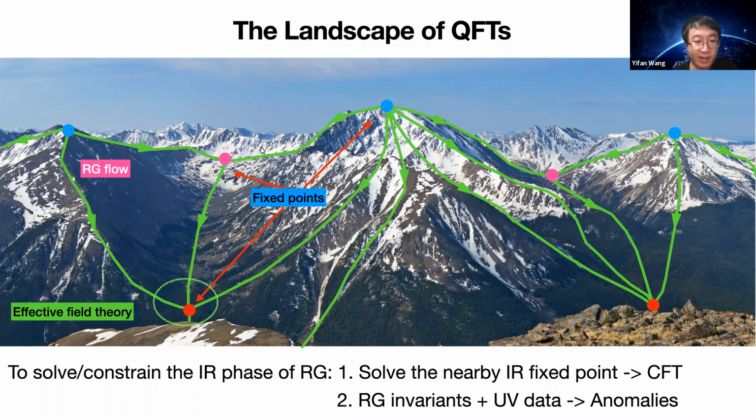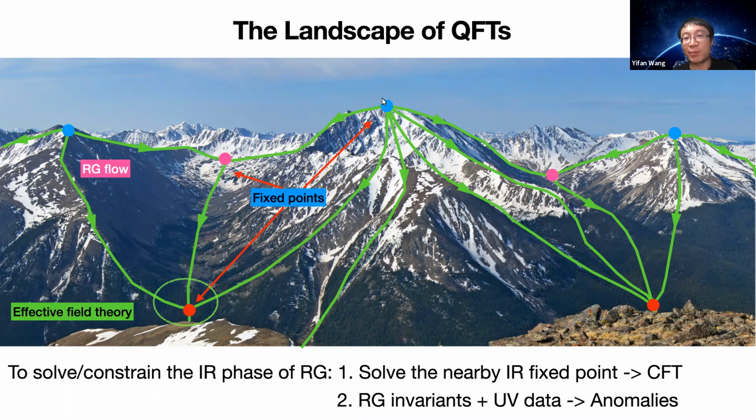To solve the IR physics associated with some UV fixed point, there are different ways to approach this problem. It's certainly more sensible to study the IR fixed point instead of the UV fixed point if you are interested in effective field theory around this region, because it makes much more sense to extrapolate from here than from here.